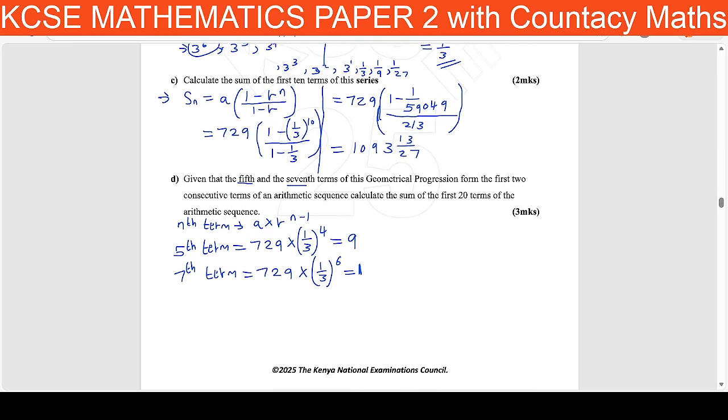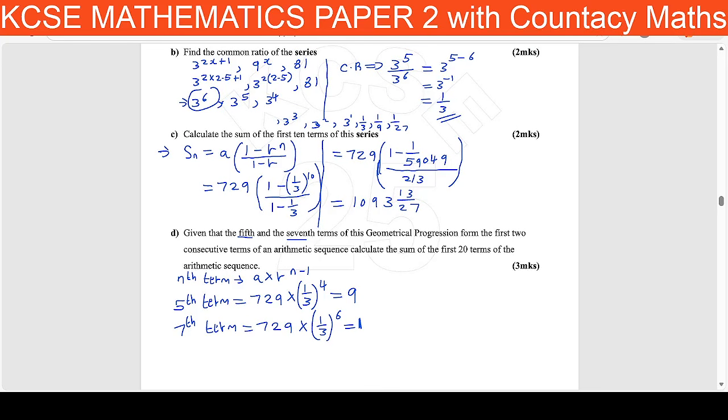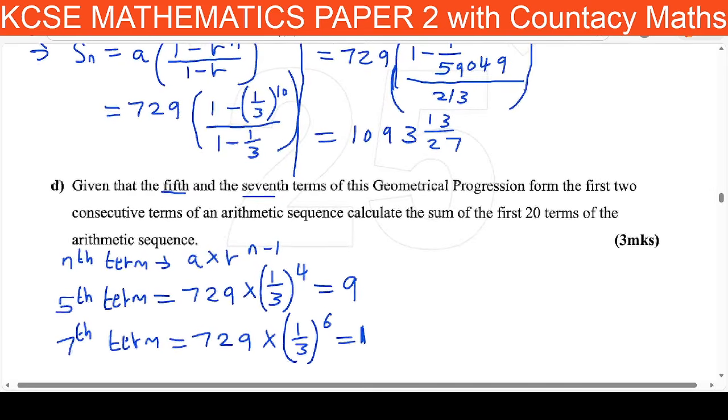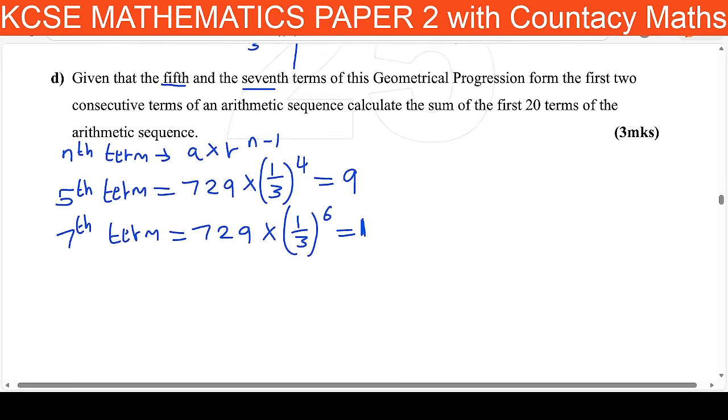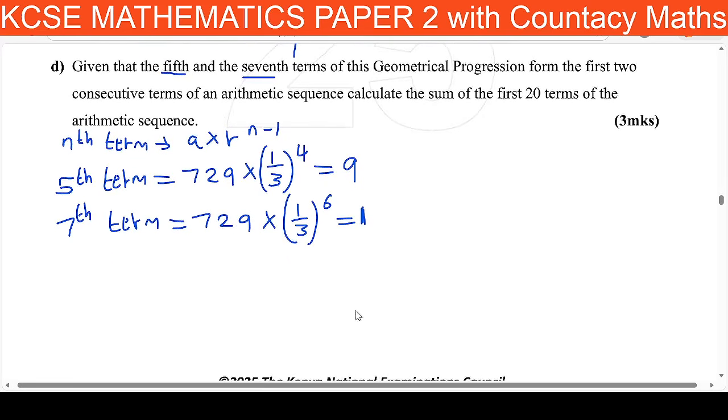So I think we don't need the upper part again, so we can focus now on these final parts, because I think we have all the elements already. We are told that the fifth and seventh terms of this GP form the first two consecutive terms of an AP. So we are now dealing with an AP, and here is where the difference comes in. For the AP, we have the first term being 9 and the term that follows being 1.